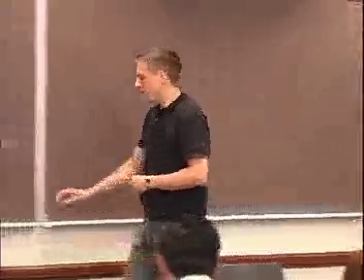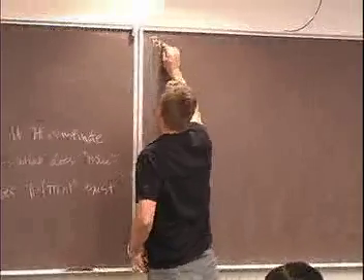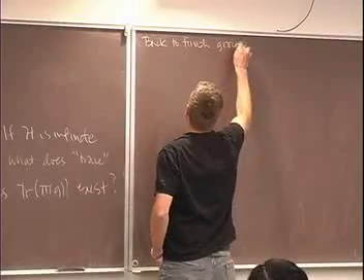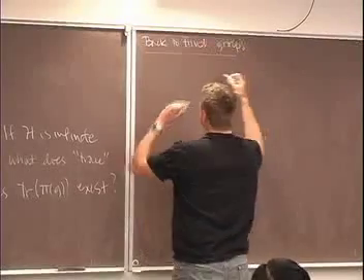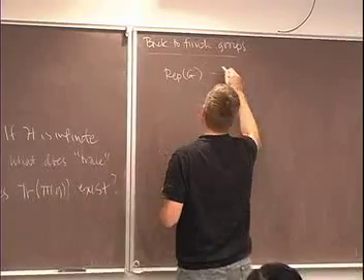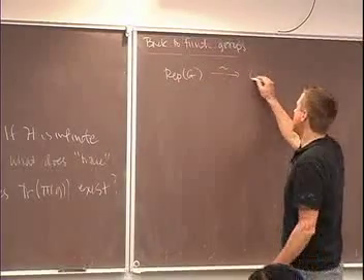So let's think about this. We know we have this equivalence, which is sometimes conceptually helpful. We have representations of G, and sometimes it's better to think of that category as the category of C of G modules.